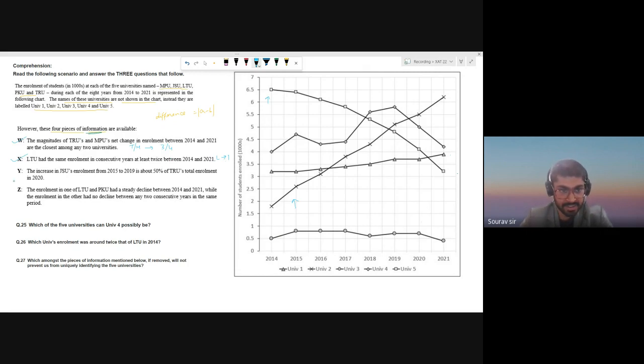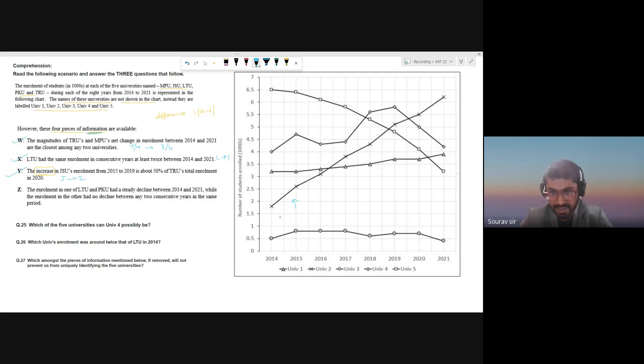So the increase, the first point of note is increase. You can see that this graph just keeps on decreasing. So it is definitely not JSU, right? So this university 2 should be J. So statement Y gives us a guarantee that J is 2.